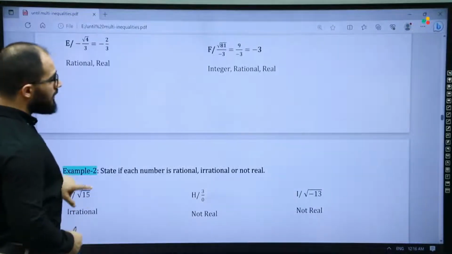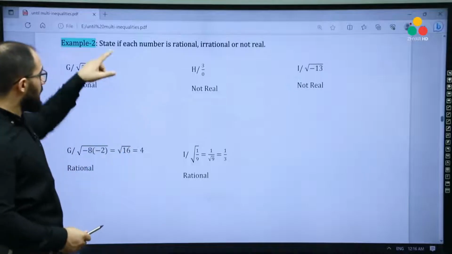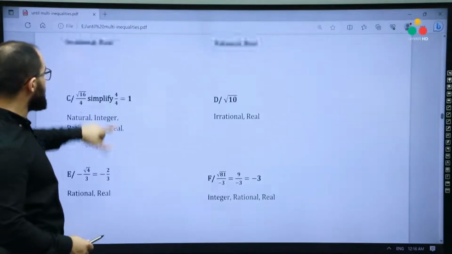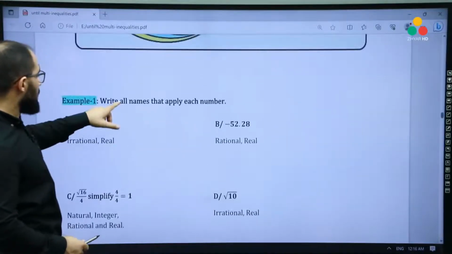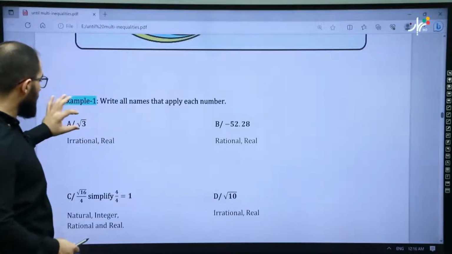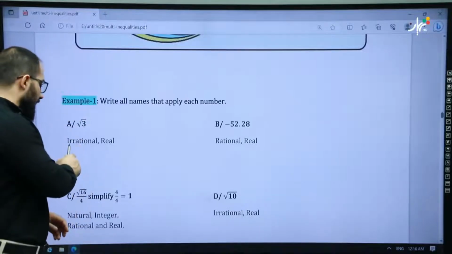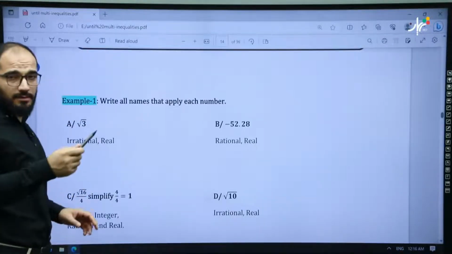Okay. Then example 2 is different from the previous example. If you remember, the first example said write all the names. Any name that applies for the number, you are going to write it.